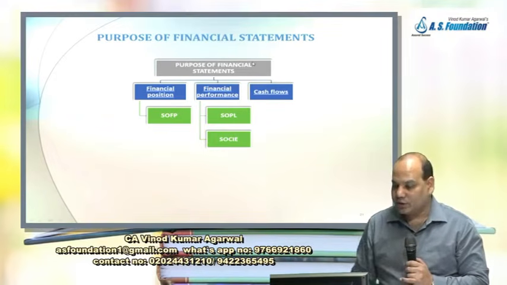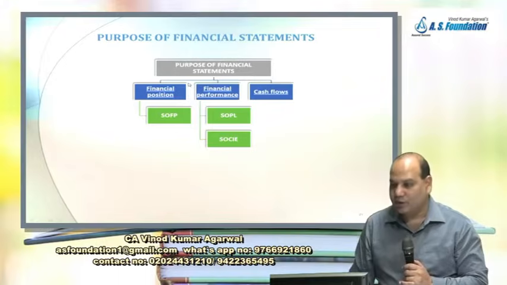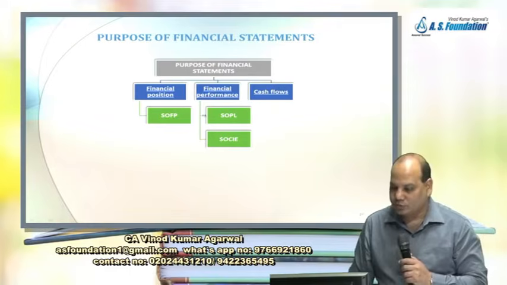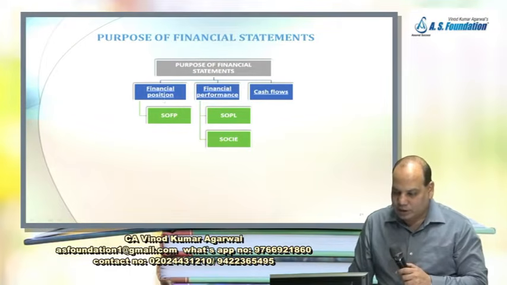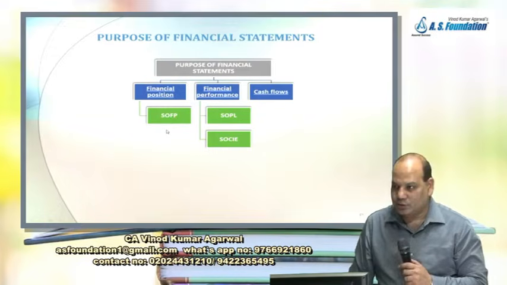The purpose of financial statements is to provide financial position information, financial performance information, and information about the cash flow. Which statement gives you financial position information? SOFP, statement of financial position. Which statement gives you financial performance information?